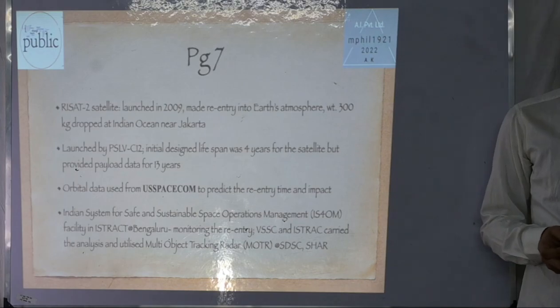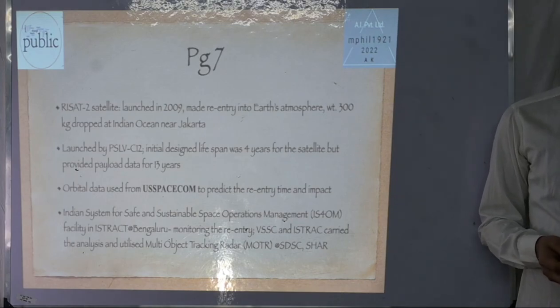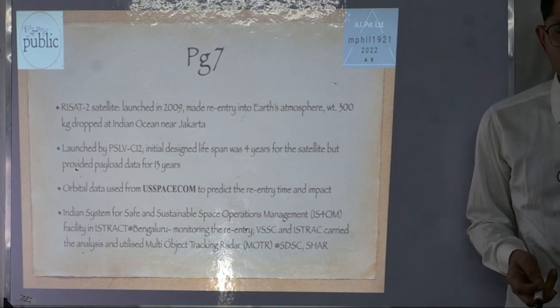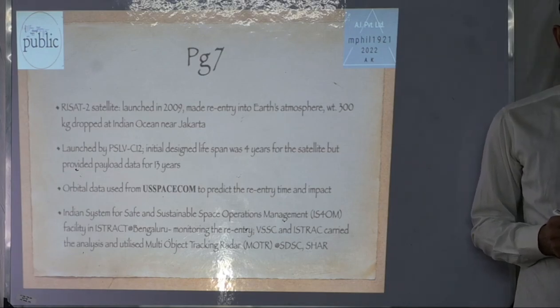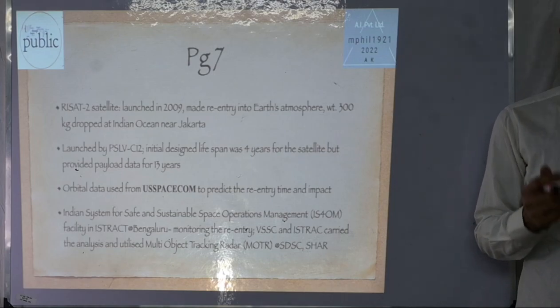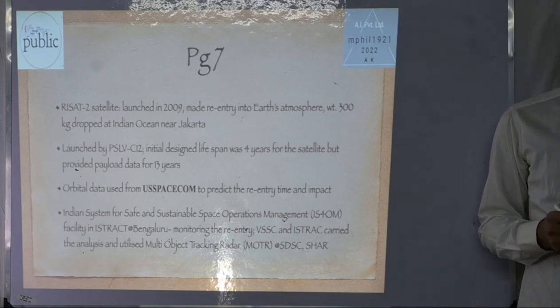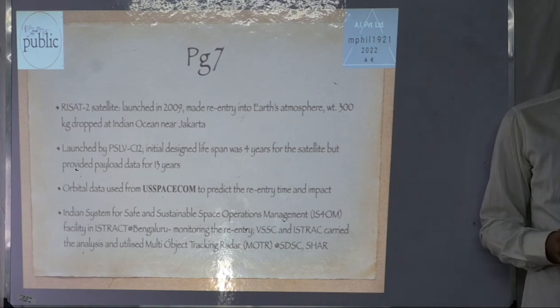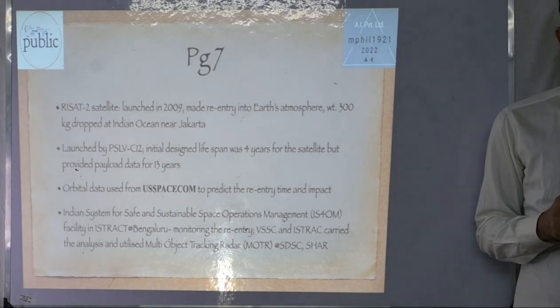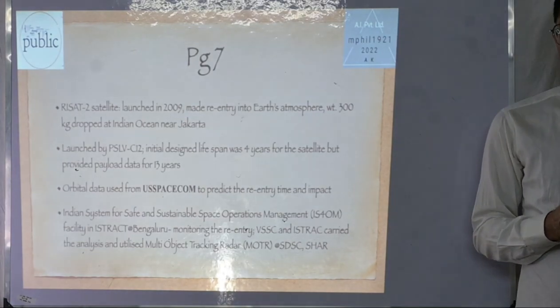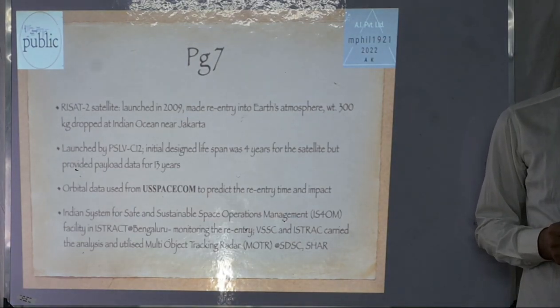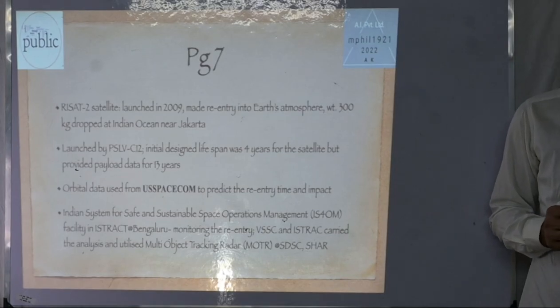And in the Indian case, IS4OM, the Indian System for Safe and Sustainable Space Operations Management facility at the ISTRAC telemetry section located in Bangalore, monitored the re-entry, along with Vikram Sarabhai Space Center, Thiruvananthapuram, Kerala. They and ISTRAC both carried out the analysis and utilized the multi-object tracking radar, MOTR, which is at Satish Dhawan Space Center, SHAR, Sriharikota.